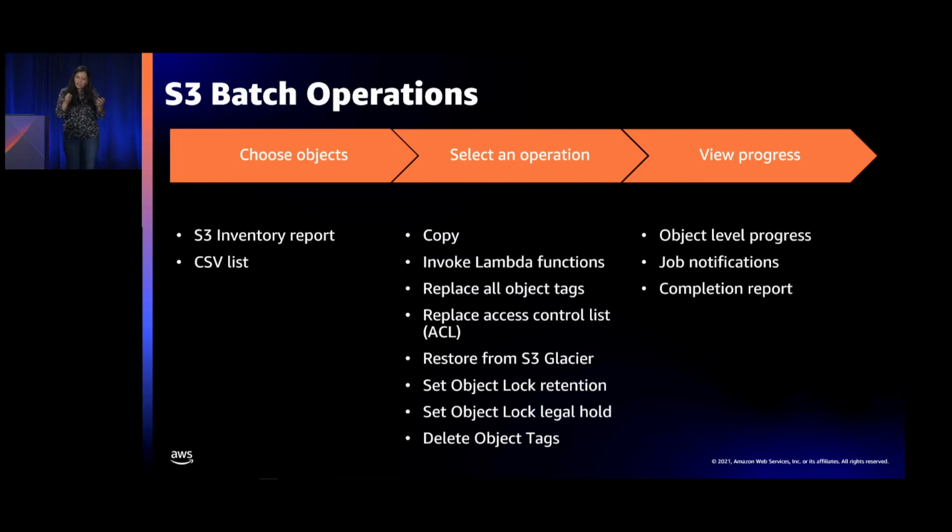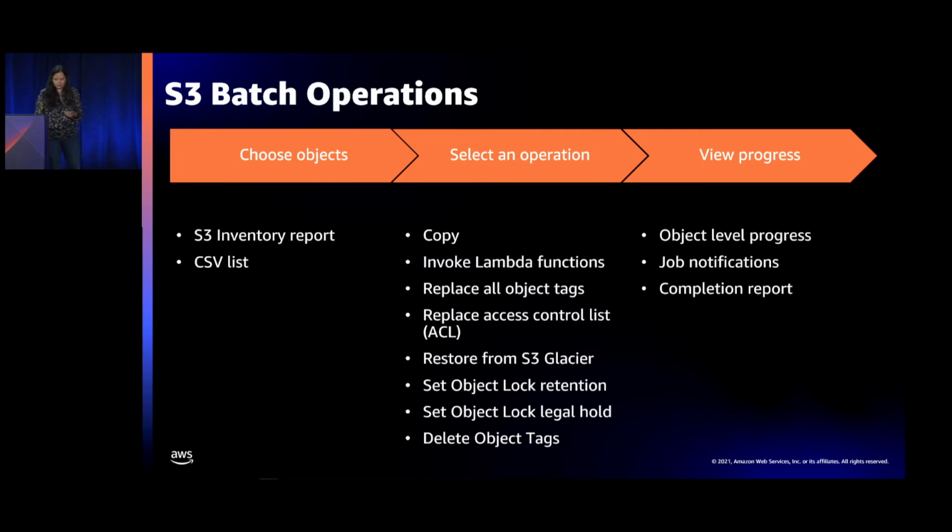And because it's a managed service, it runs in the background and will self-throttle to prevent any performance impact to your S3 workloads. And you don't have to write code or set up any server fleets or figure out how to partition your fleets and manage them. Instead, you create a job in minutes through a few clicks, turn it loose, and sit back while S3 uses its massive scale and parallelism to take care of this job.